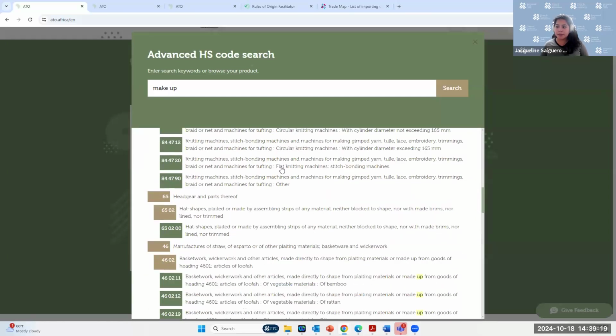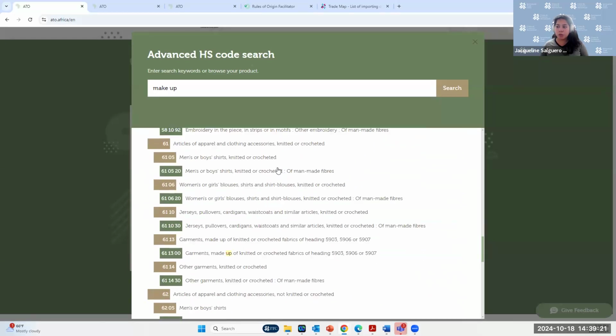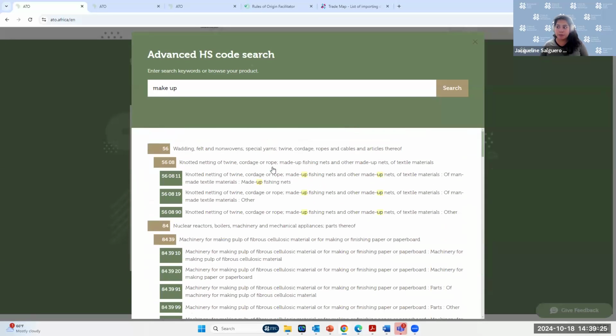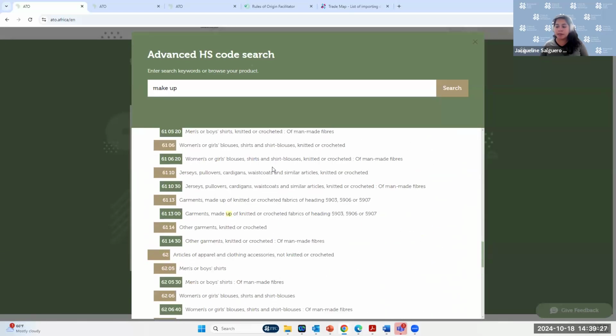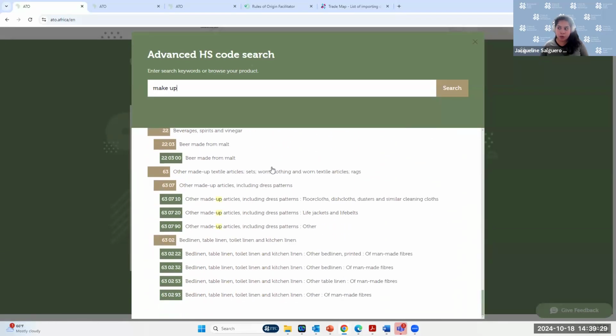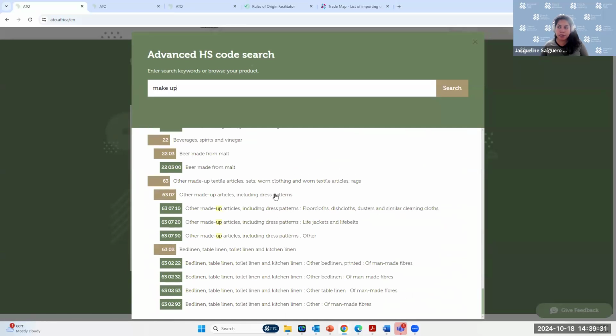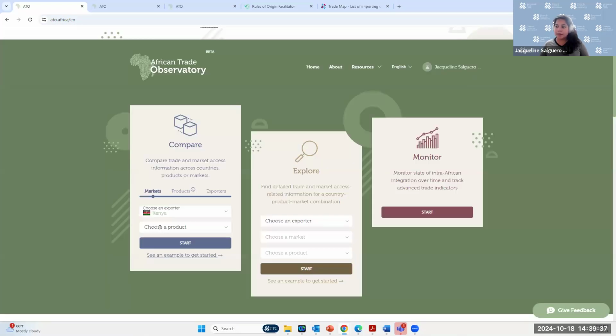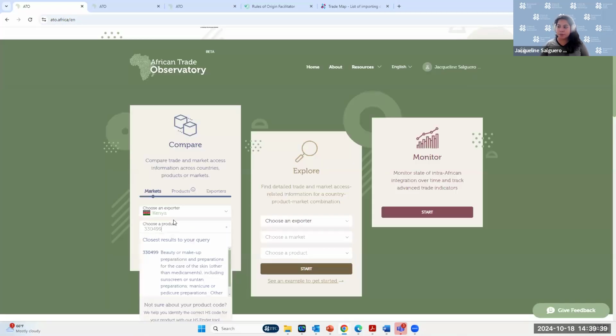And it will present all the different codes that have the word makeup in them. Then I will need to go code by code to understand whether my product is included or not.